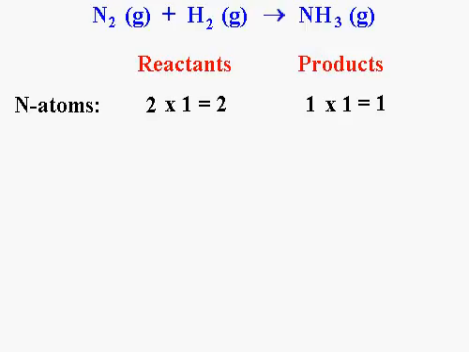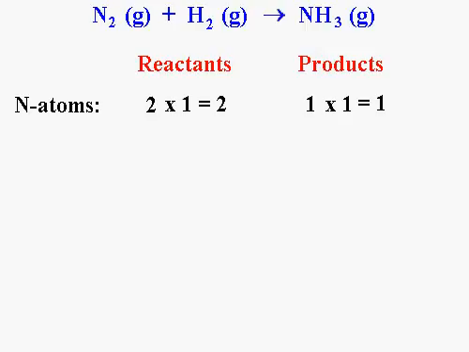Now, although we can't change the subscripts that appear in the chemical formulas, we can change something in the chemical equation. We can change the numbers that appear to the left of the molecules in the chemical equation. Remember what those numbers tell you. They simply tell you the quantity of molecules that are participating in the reaction.